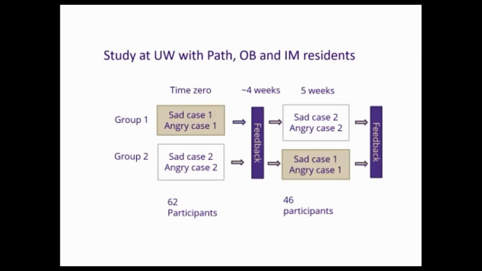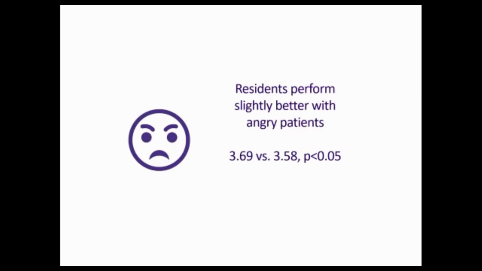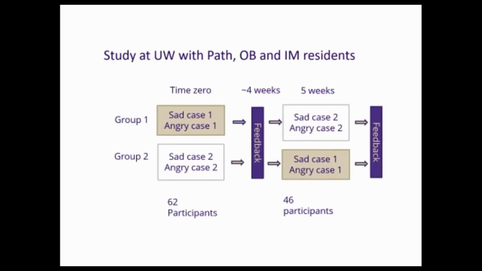So the study looks something like this. We used 3 types of residents: pathologists who don't have patient contact, OBs who have patient contact and also surgical technical contact, and then IM residents who are patient-facing but not technical specialists. And we divided them into groups 1 and 2. Each of them saw a sad case and an angry case.